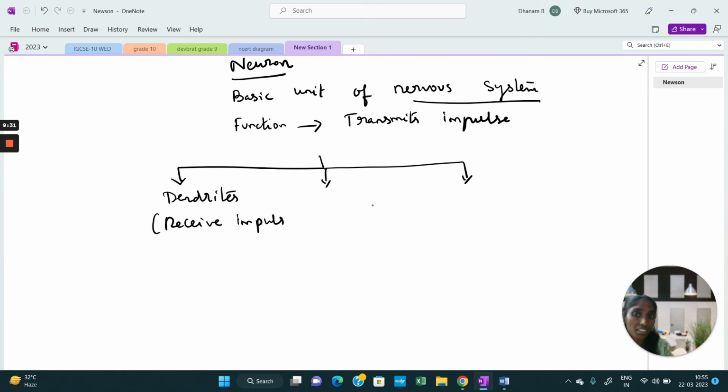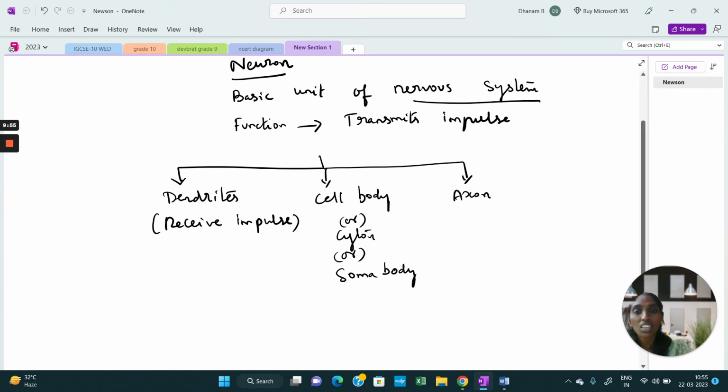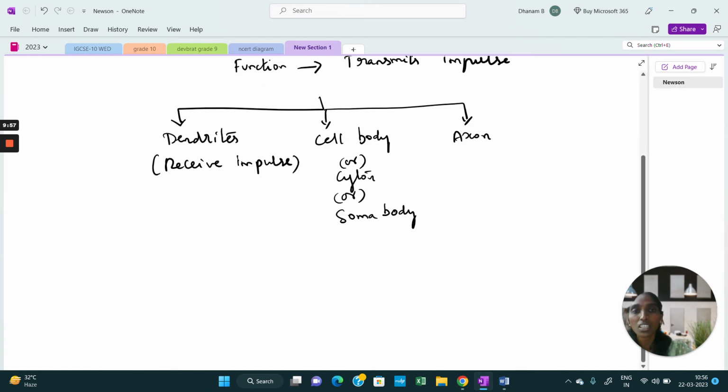Cell body is present in the center of the neuron, also called cyton or soma body. So it has different names. You have to remember all these names from the NEET exam point of view. And finally, axon. These are the three main components in the neurons.